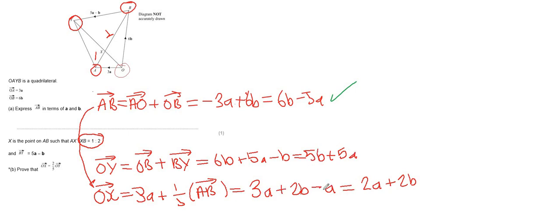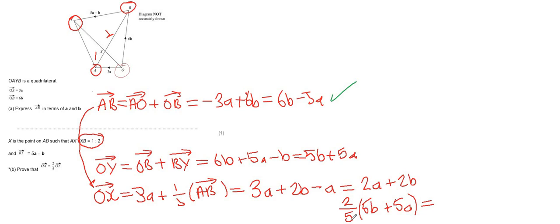So if I multiply OY by 2/5, I should get OX. So 2/5 of OY, which is 5b plus 5a. Okay, so 2/5.